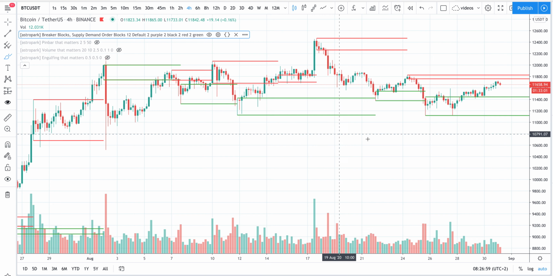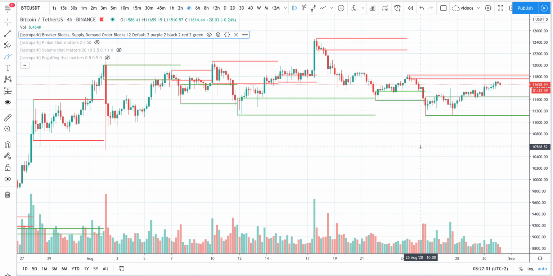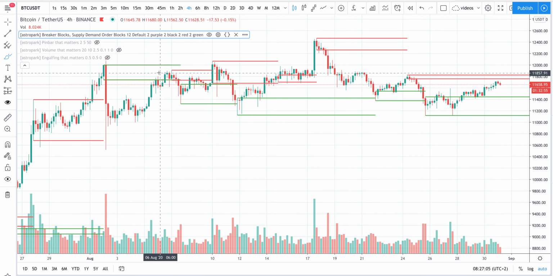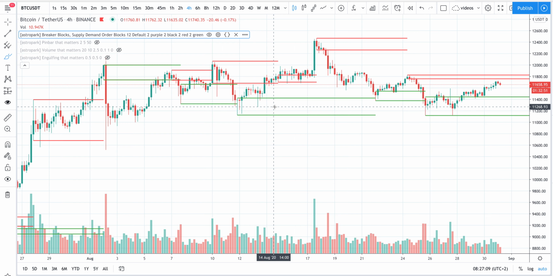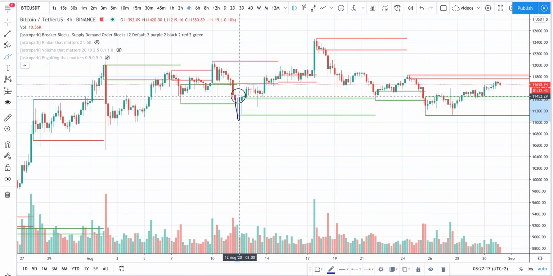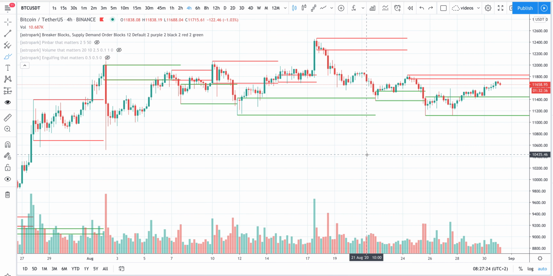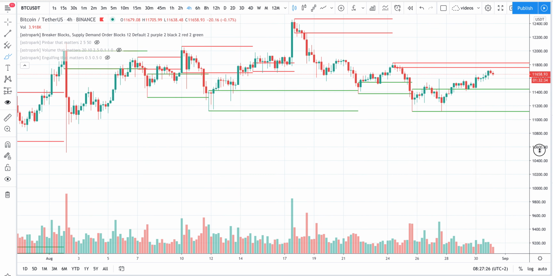Okay, so this may be a better view, and the high and the low of the candle is shown. So this is the candle taken into consideration. So high, low, this is the full demand, for example.